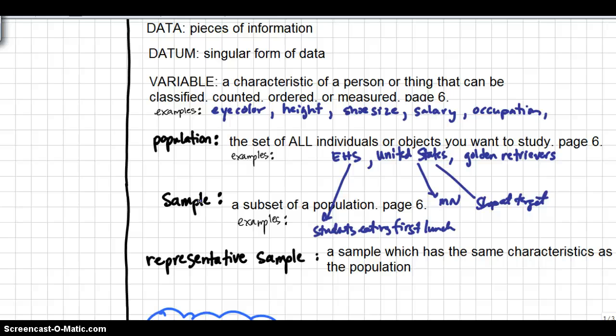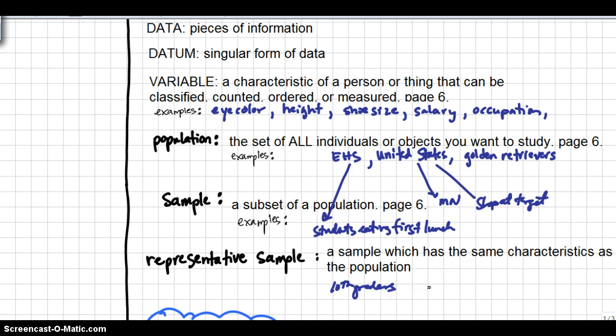One thing to keep in mind when you're working with samples is that you want that sample to be a representative sample. The representative sample simply means that you want the sample to have the same characteristics as the original population. So for example, at EHS, if I only took a sample of the 10th graders, that would obviously exclude some of the population in the high school.